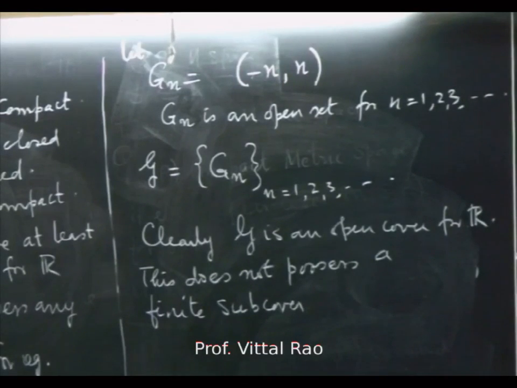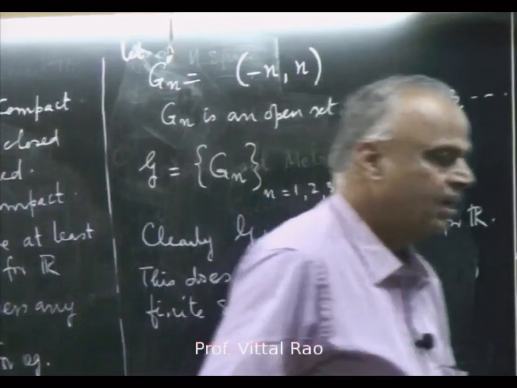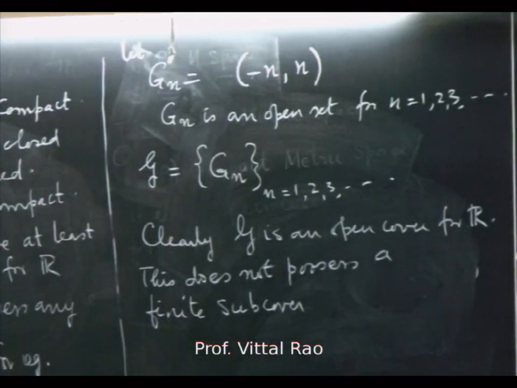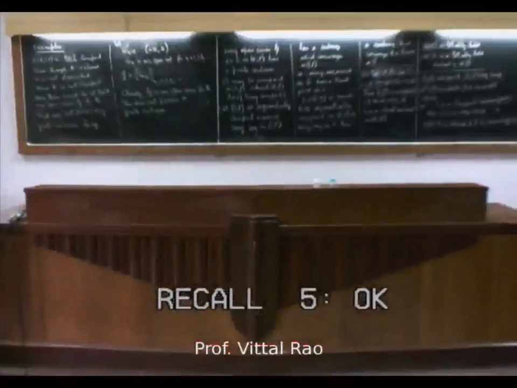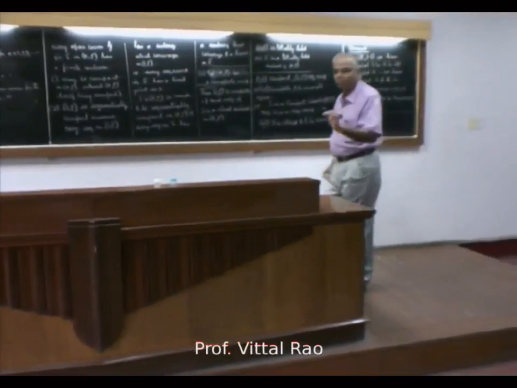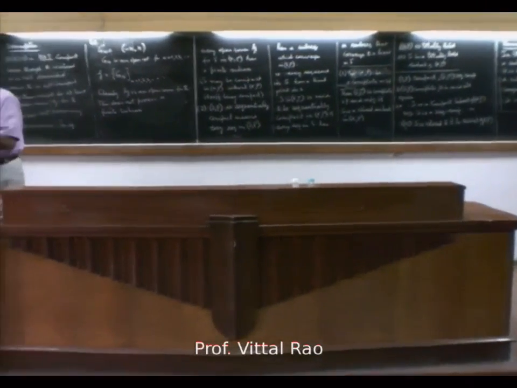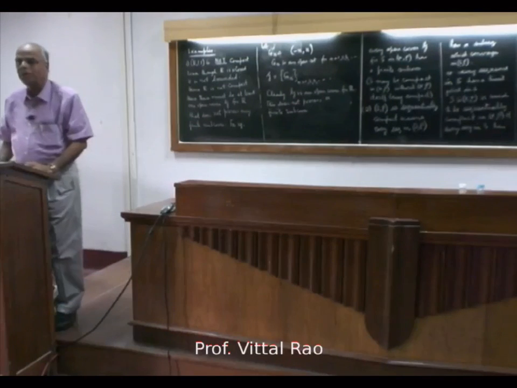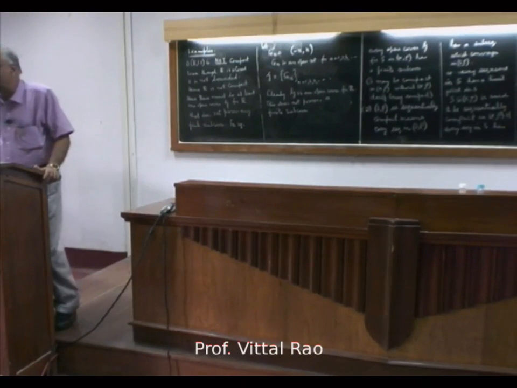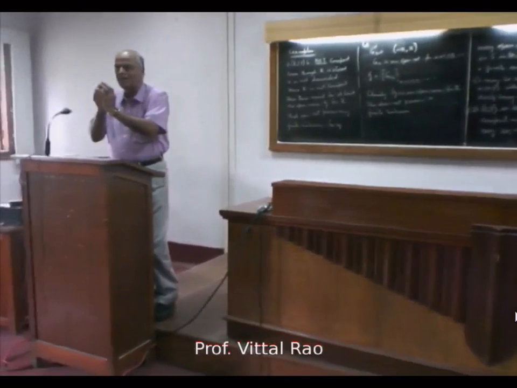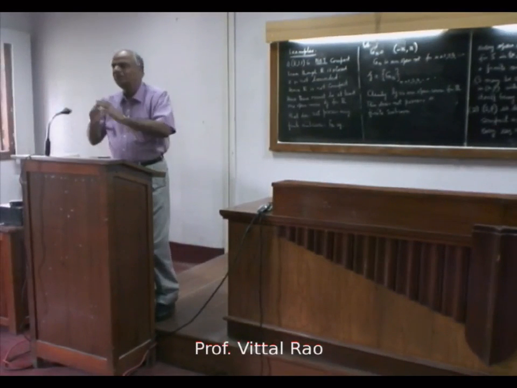Now this proof immediately suggests that R2 with our usual metric is not compact. This minus n to n can be thought of as the open ball of radius n about the origin 0. Similarly in 2 dimensions you take all disks of radius n about the origin, and there is no finite subcover. In 3 dimensions we take all the balls. Similarly in n dimensions.